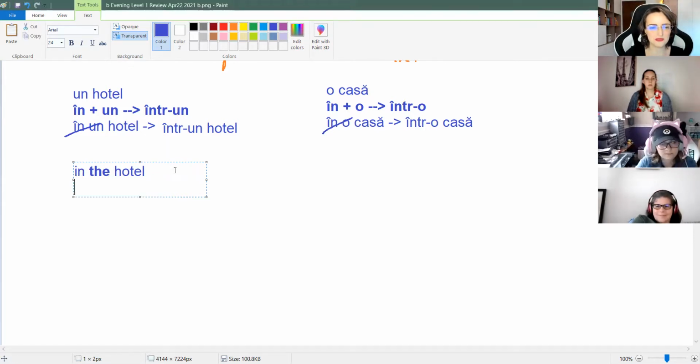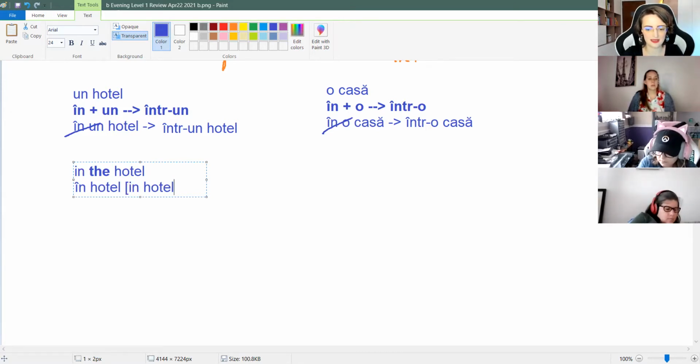That would make sense if you could translate directly from English, but unfortunately, the structure is different and the places where we use the definite article in Romanian are different from the ones where we use it in English. So in this case, we just say în hotel, literally in hotel, and it means in the hotel. Oh, that's right.